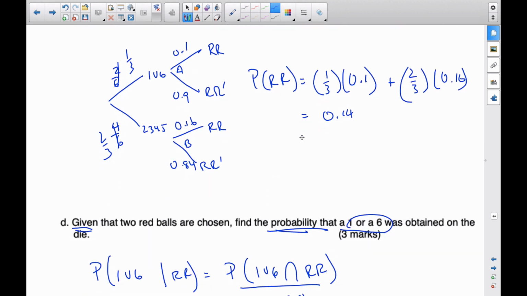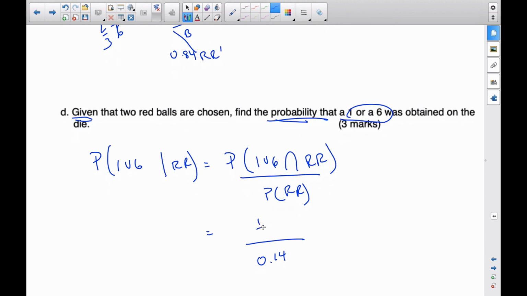Well, the top of the fraction says 1 or 6 and a red ball. That's this top of the tree diagram. So the 1/3 times 0.1. And when I do that in my calculator, I know I end up with 0.239. So use the definition, think about what these values are, and plug the values in.